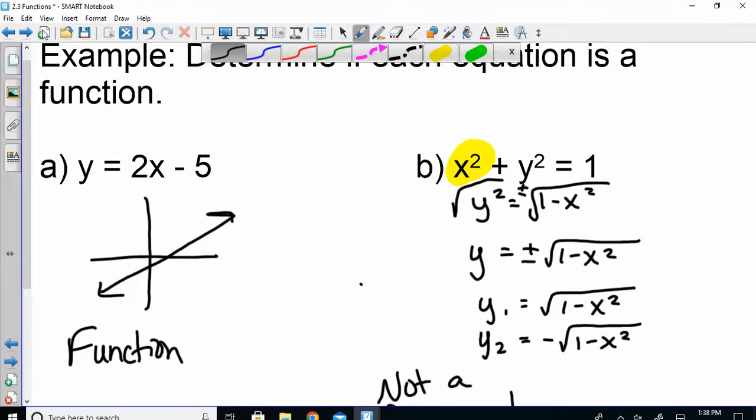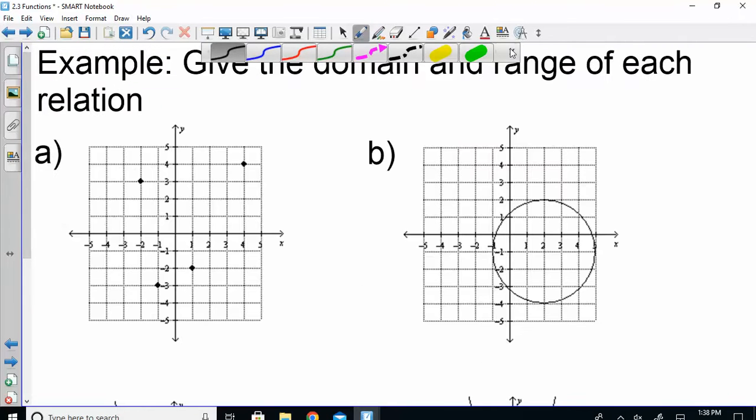Okay, I want to practice looking at some graphs and deciding domain and range from the graph. I know it's kind of hard to tell on your paper, it's just these points.